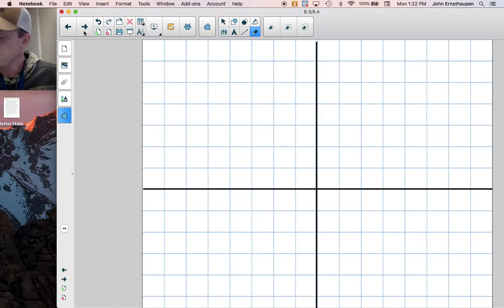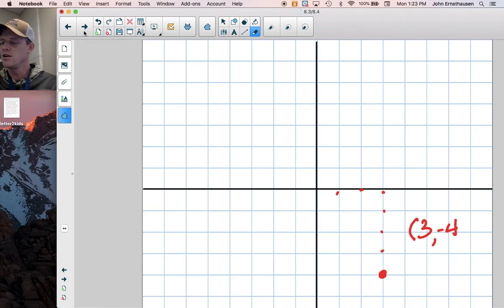Let's do another one. Let's go with this point right here. Give me the coordinates for this point, please. So it would be 1, 2, 3 for x. That's a positive 3 because I moved to the right. And 1, 2, 3, 4. And that's going down on the vertical y-axis, so it's 3, negative 4.